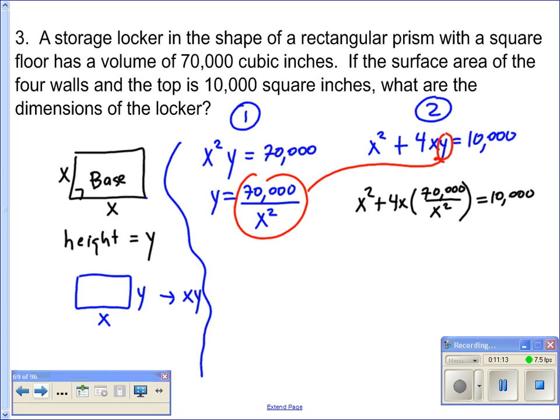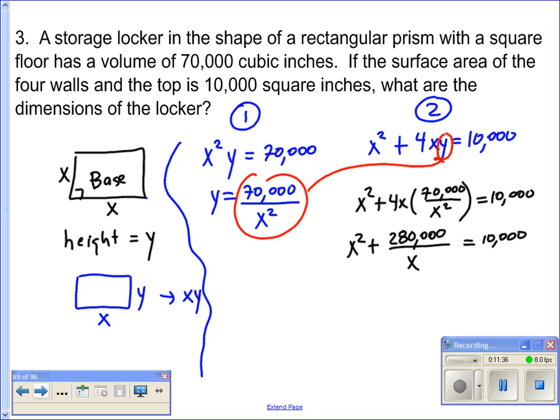All right, so from here I simplify this. The x's will cancel out in that second term, so x squared plus 4 times the 70,000 is going to give me 28,000 over just a single x because one of them cancel out is equal to 10,000.